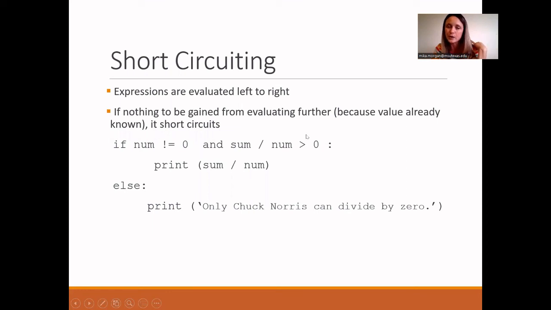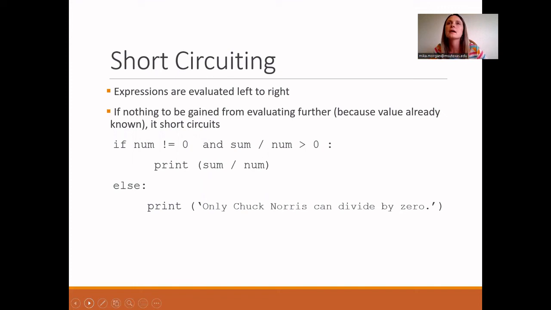You can't divide by 0. So if it does, immediately it's false, break out, go down to your else statement. Only Chuck Norris can divide by 0. Only if this is true will we even attempt to see if the other one is true or false, so we can see if we should continue with our if statement or not.